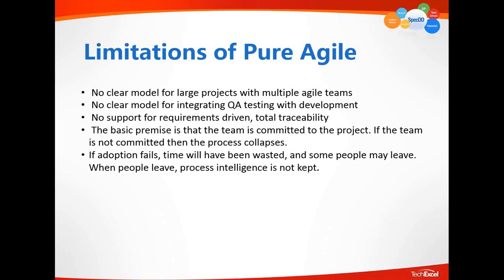So why do we see that in the real world the pure agile process gets hybridized? Mainly, I think, there are limitations of a pure agile process like Scrum. There's no clear model for large projects with multiple agile teams.